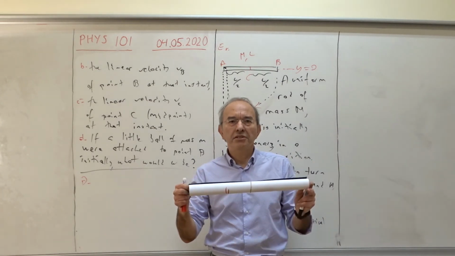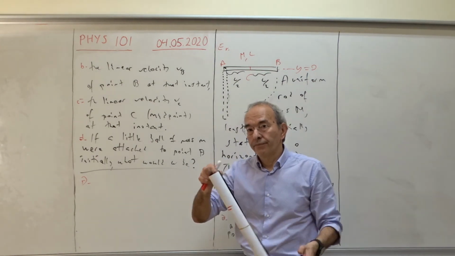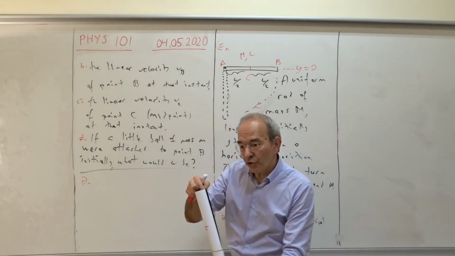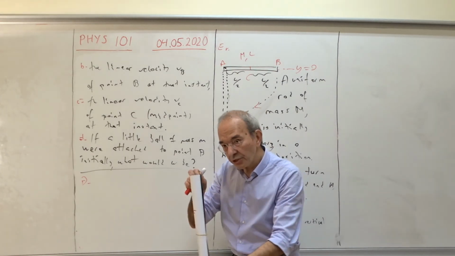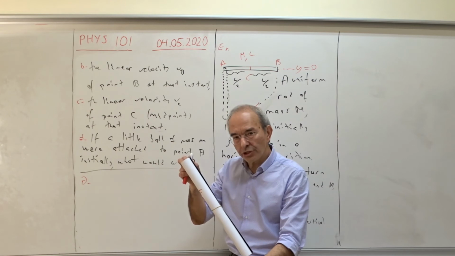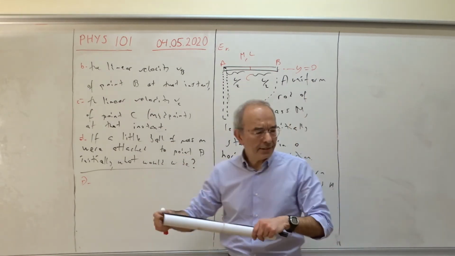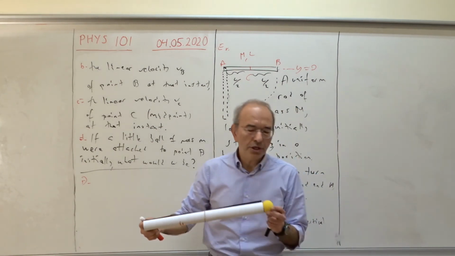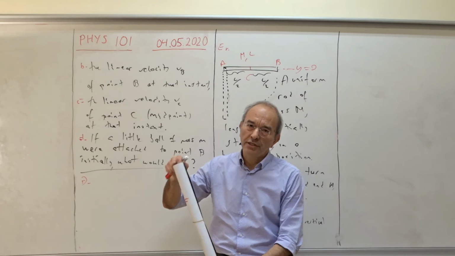As simple as that. When it passes by the vertical position, what about the angular velocity omega at this moment, and the linear velocities of point B and point C? In the last part, we will add this little ball here, and then together it will rotate.